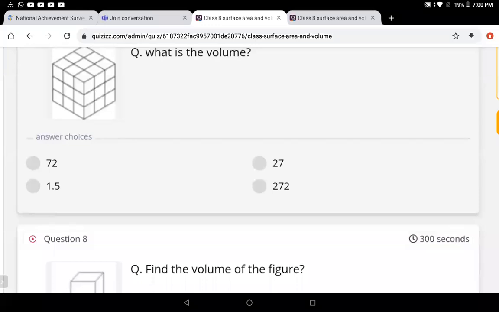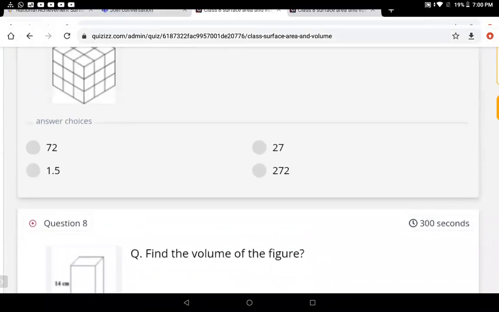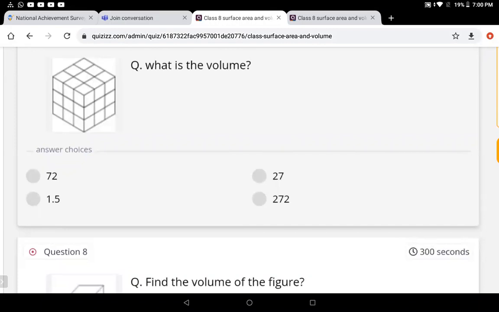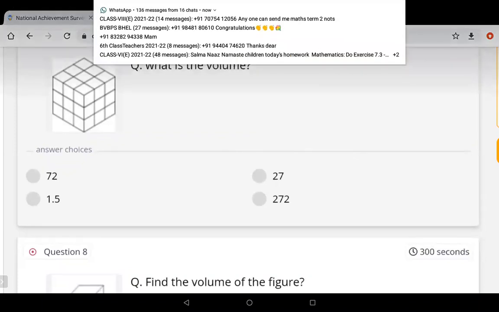They are getting external observers and external invigilators, not from your own school. Randomly, they are taking from different schools, children. So on the 11th and 12th, if you have math class, probably you don't have math class on the 11th and 12th, children.